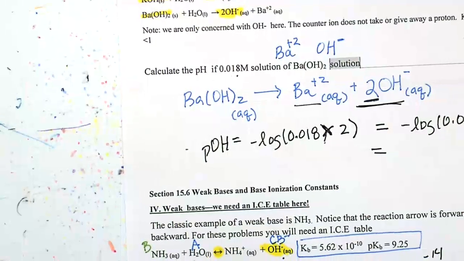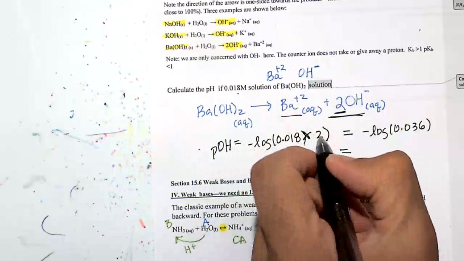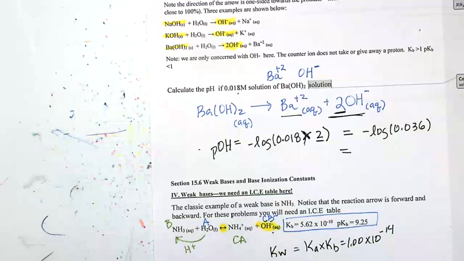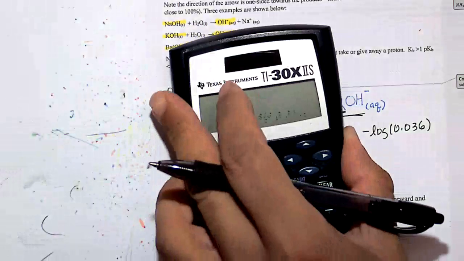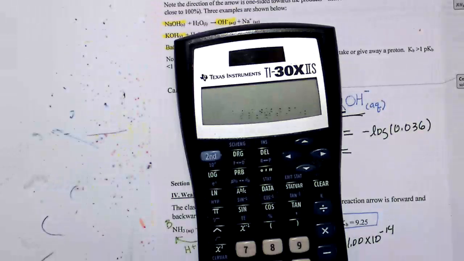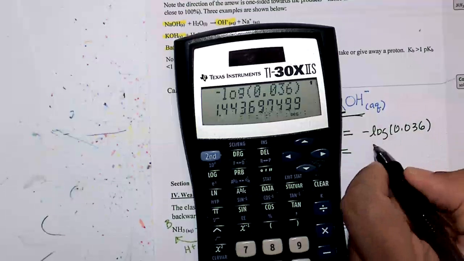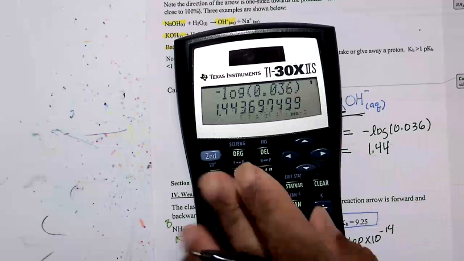So what is minus the log of 0.036? Remember, we multiply it by 2 because this source is 2 OH minus. So what's minus the log of 0.036? 1.44.